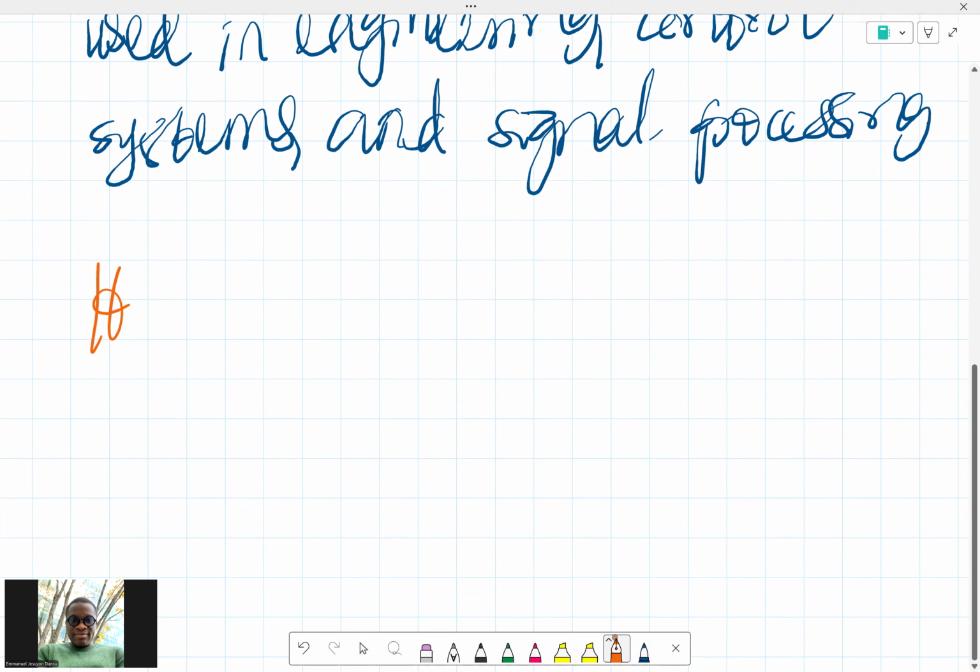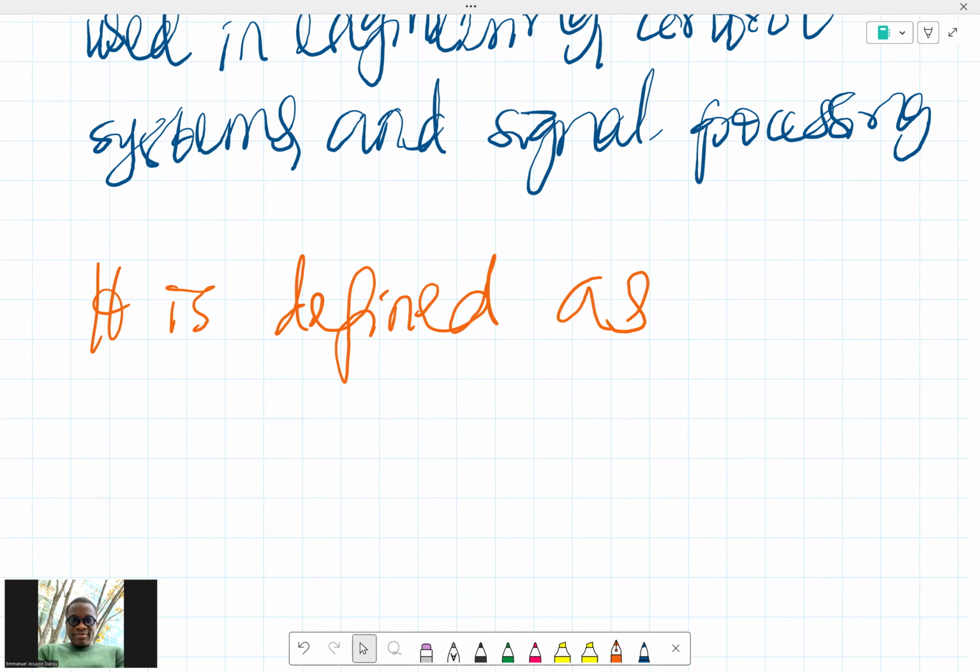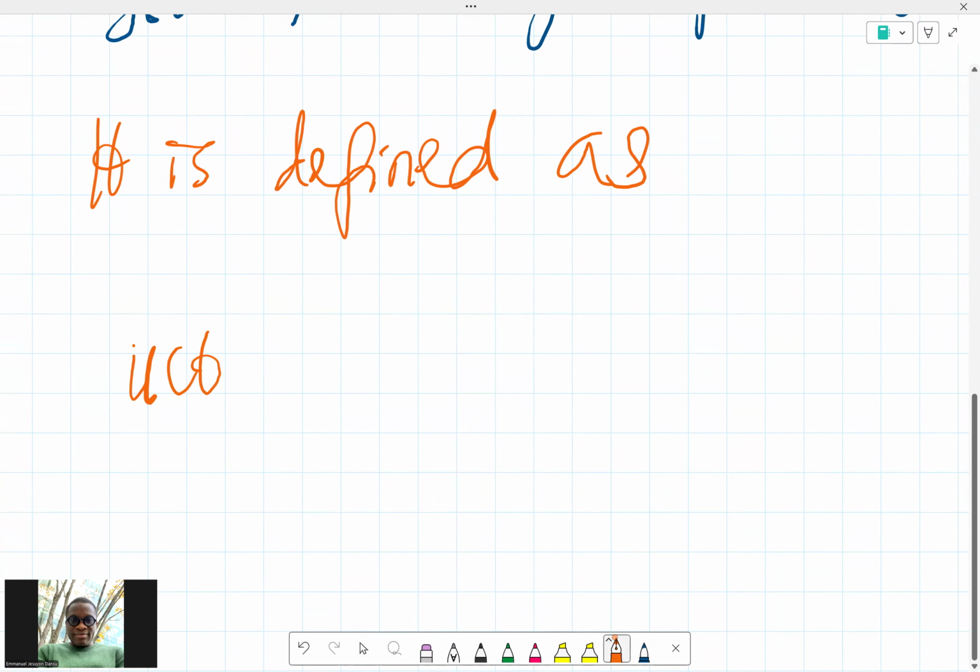It is defined as u of t equals, so it is a step function.